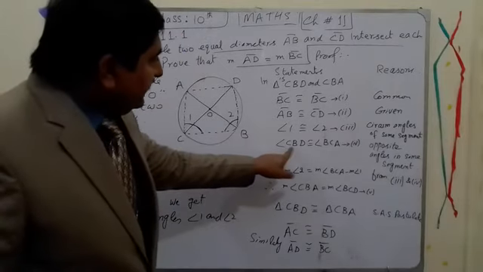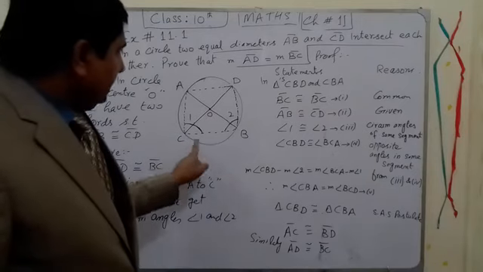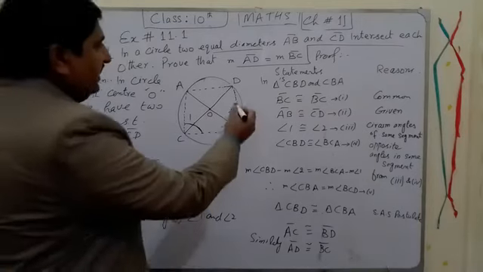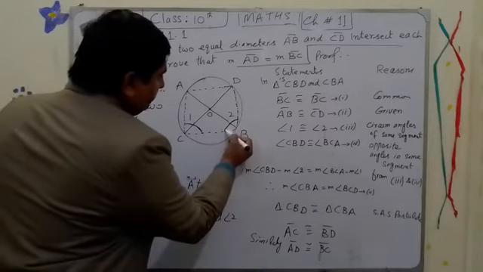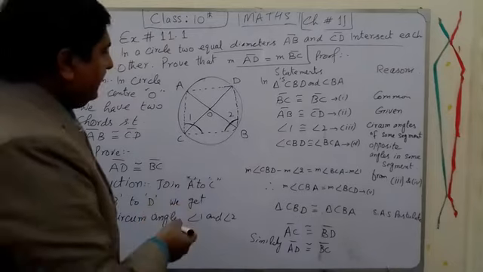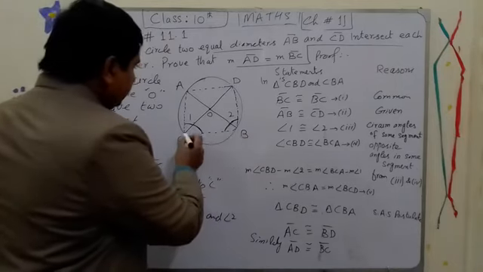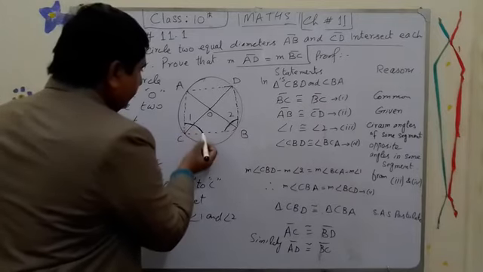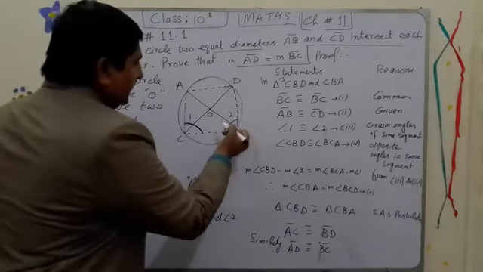Now, angle CBD. What about the angle CBD? C, B and D. This is the complete angle CBD, right? Look here. I am talking about this angle CBD and the angle BCA. This one, right? I already highlighted. These two angles are congruent.